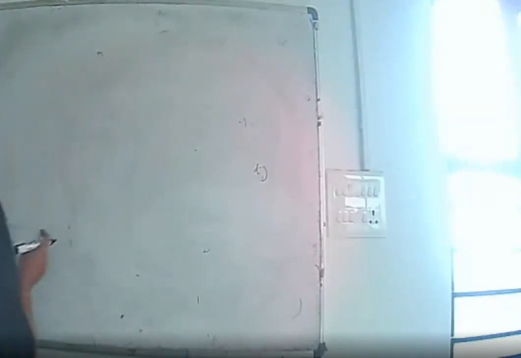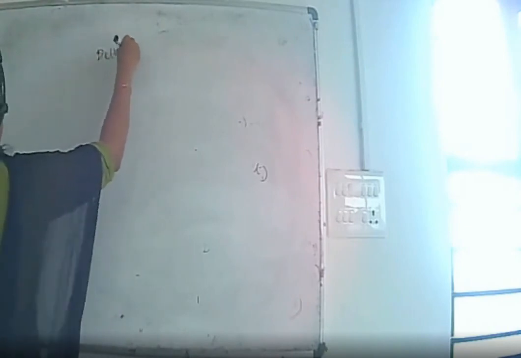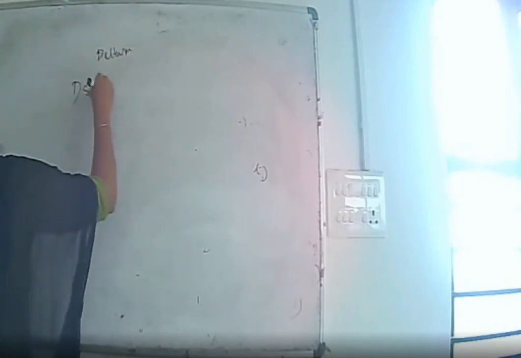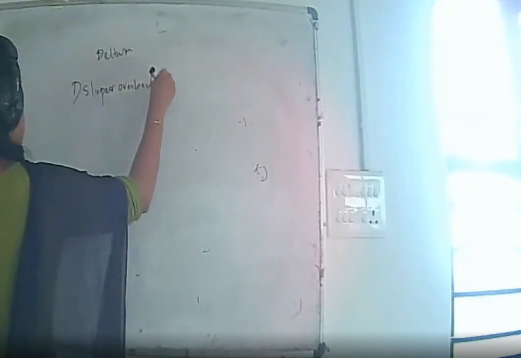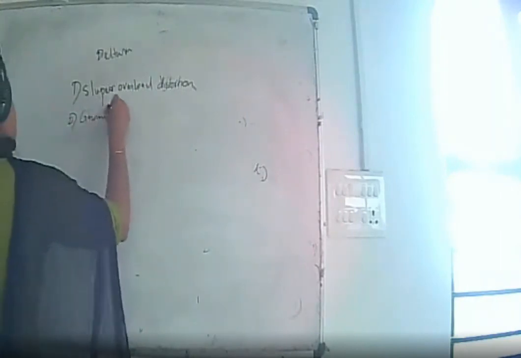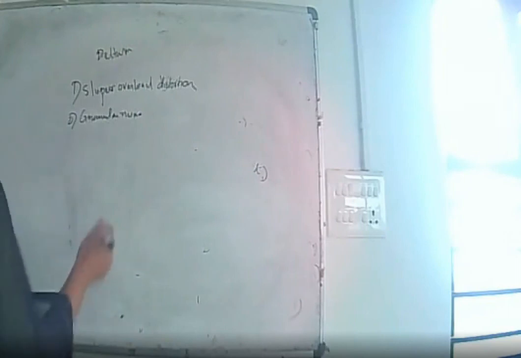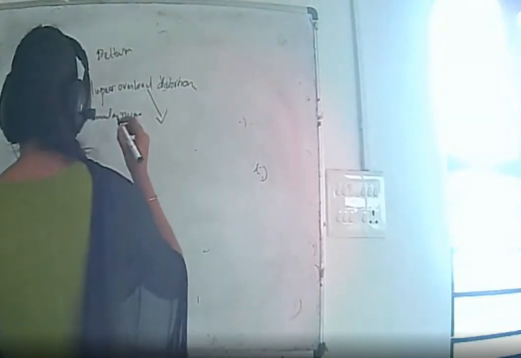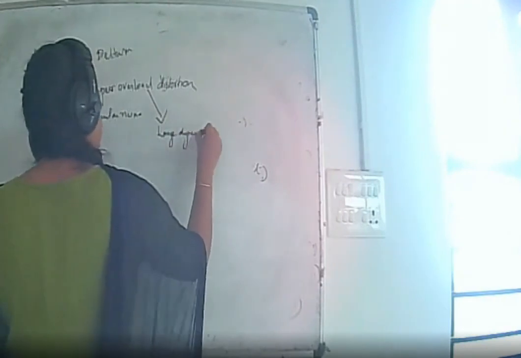Now the drawbacks of delta modulation. The first one is slope overload distortion, and the second is granular noise. Slope overload distortion is due to the large dynamic input range.